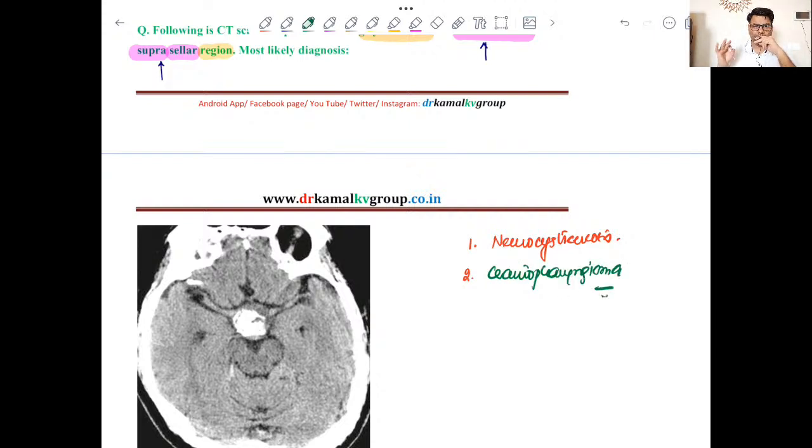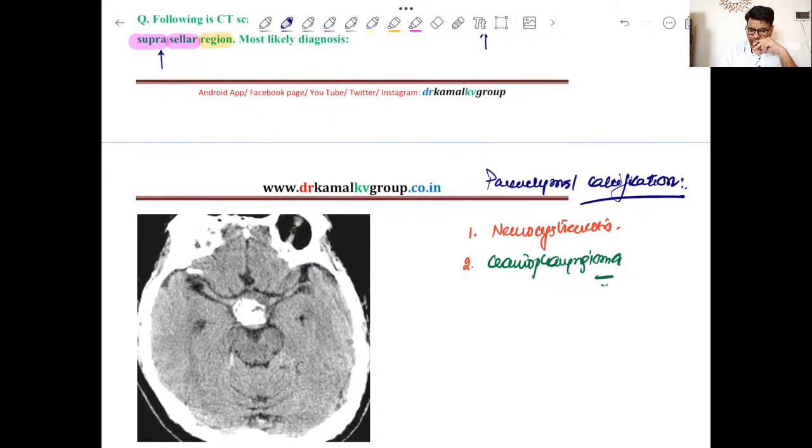Clear? So as far as the calcification is concerned, please remember these 2. Parenchymal calcification you can say, or brain tissue calcification. So just remember these 2 conditions, neurocysticercosis and craniopharyngioma.